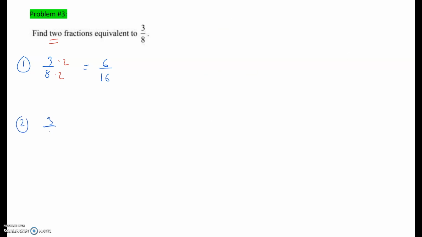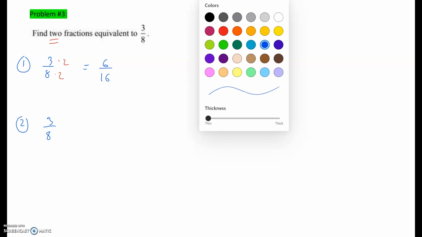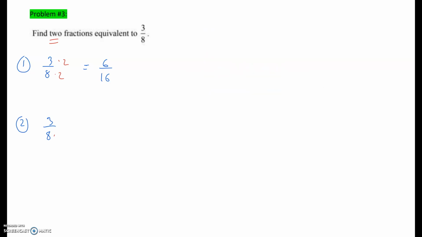Second fraction, we have 3/8, and we're going to multiply times 3. So in this case, 9/24. Our final answer would be that 6/16 and 9/24 are equivalent to the values of 3/8.